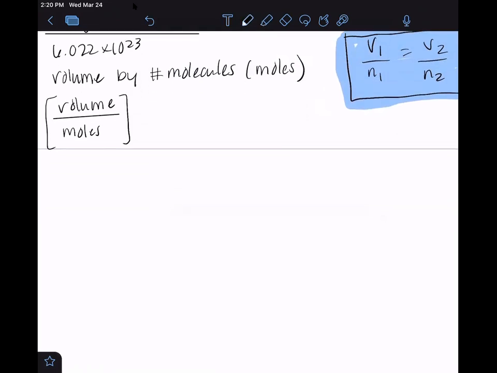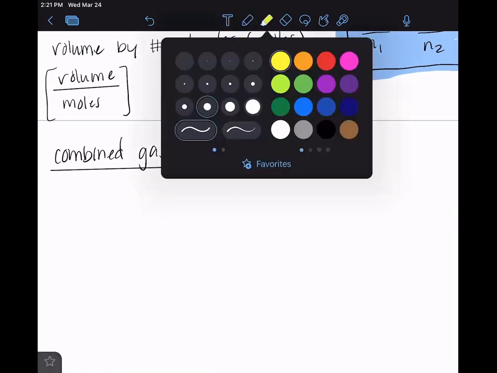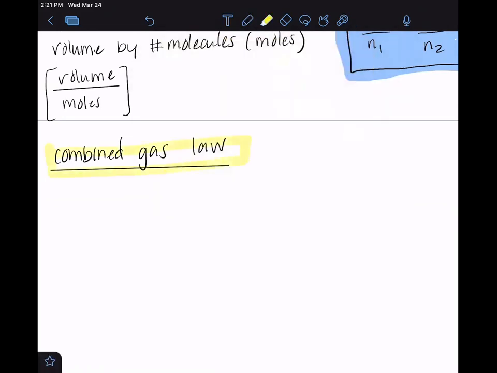Now we have the most important, which is our combined gas law. I'm going to make this huge here because this is literally the most important one. What this gas law does is it takes Boyle's, Charles's, Gay-Lussac's, all of them together, including Avogadro's law, and it helps us relate everything together.